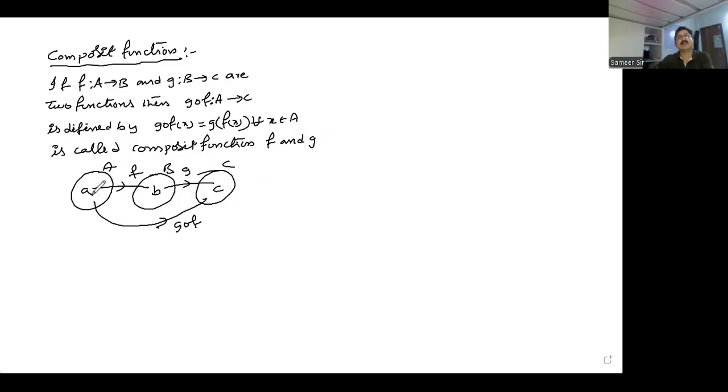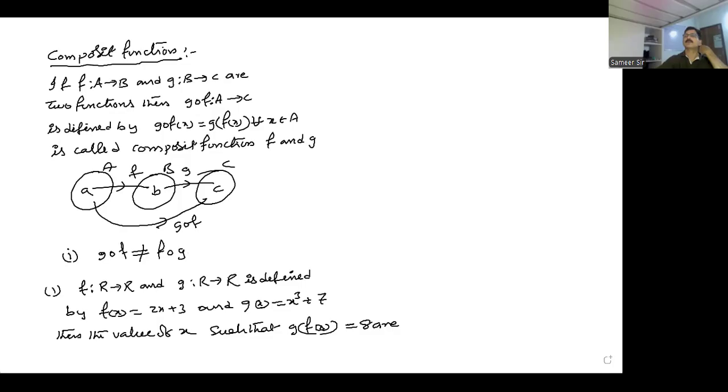See here, f is defined from A to B, and g is defined from B to C. Then the composite function of f and g is denoted by g circle f, that is from A to C. One beautiful point related to this you remember: g circle f is never equal to f circle g. Sometimes g circle f exists, but f circle g may not exist. This is one. Now I'll move on to the next question.